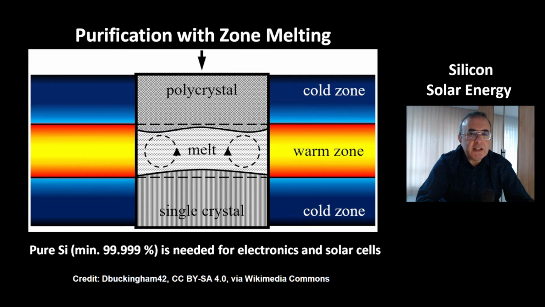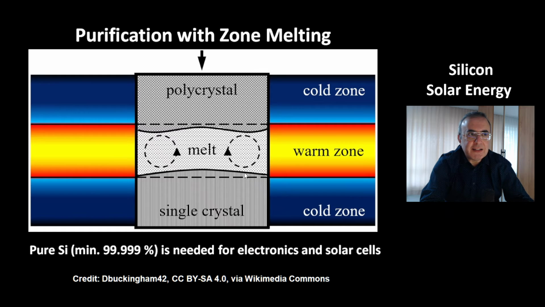This is how you make a very pure silicon. This method is called zone melting. You have your silicon piece, you move it slowly to the bottom. Once it reaches the warm zone, it is melted.